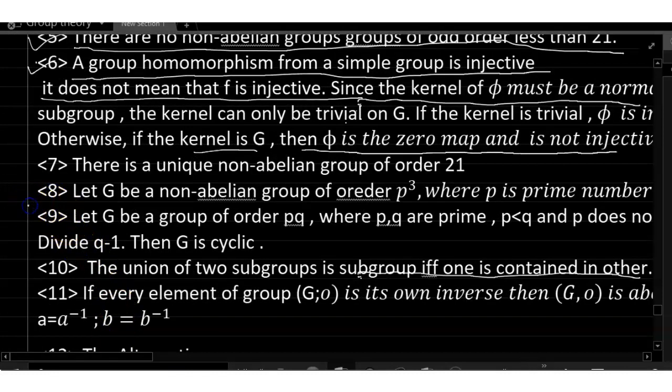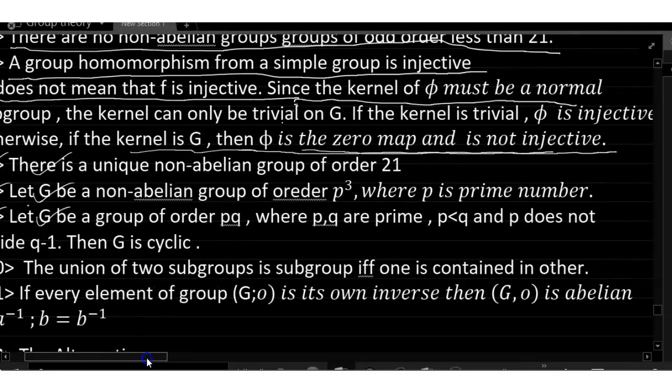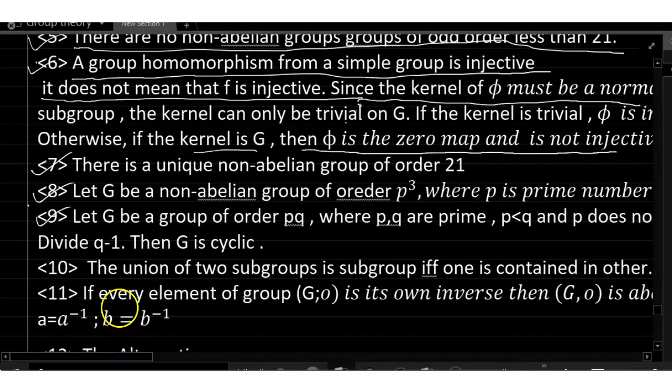There is a unique non-abelian group of order 21. Let G be a group of order PQ, where P and Q are primes and P less than Q, and P does not divide Q minus 1, then G is cyclic.